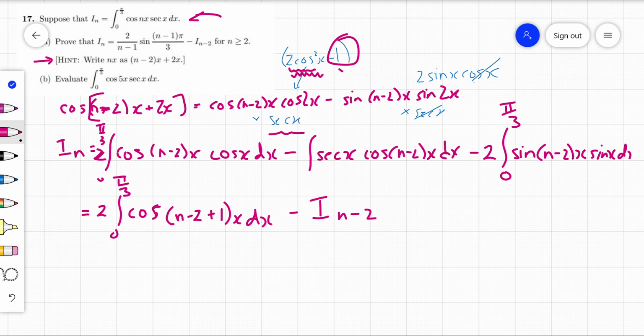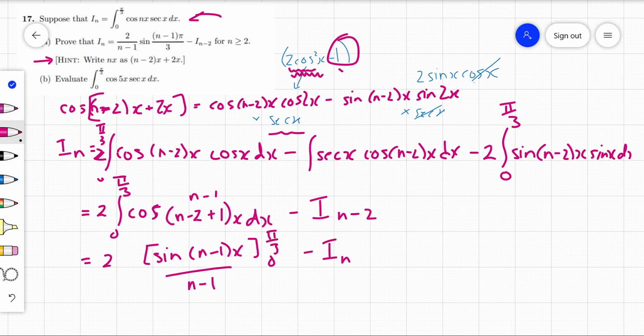Alright, so this we can integrate because cos goes to sine, and of course this is just n minus 1 when we simplify it. So we're going to have cos n minus 1x, and we're going to divide by n minus 1, between 0 and pi on 3, minus I n minus 2. So what does this give us?